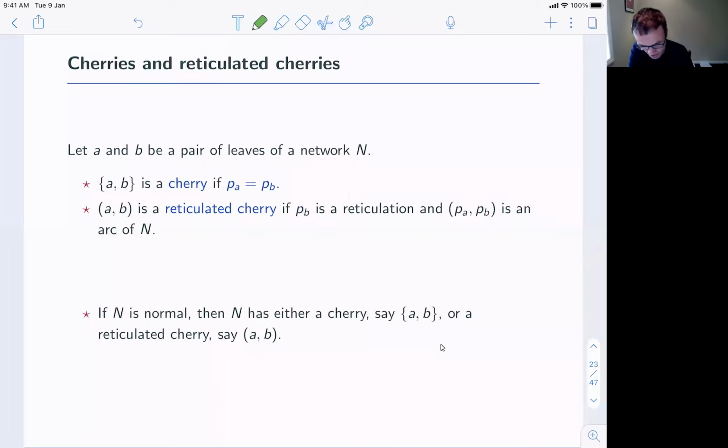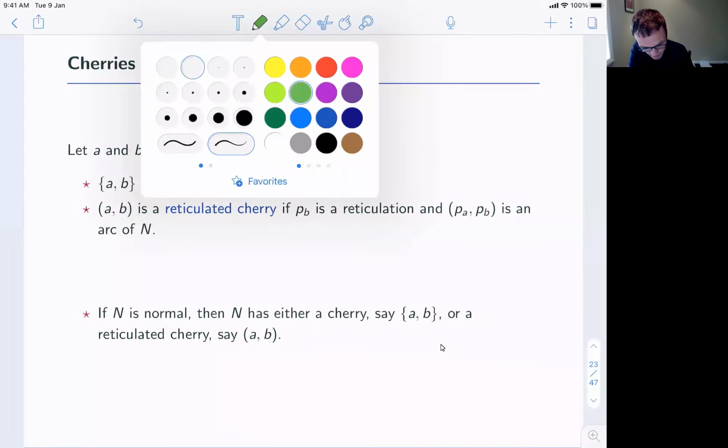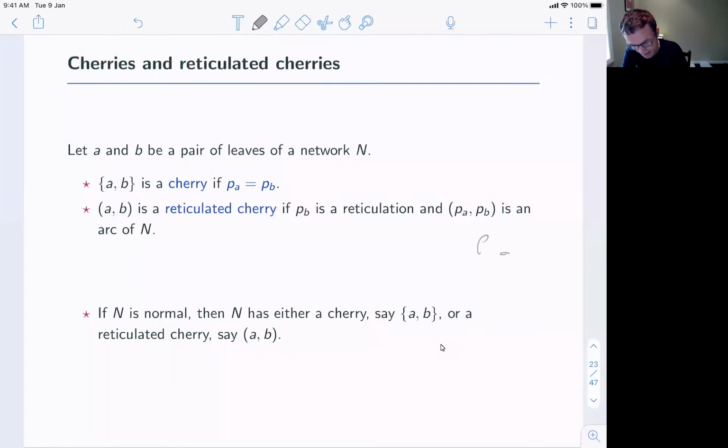In fact, that's not that hard to prove. Start at the root, take a maximal length path to a tree vertex from the root. I'll say maximal, but maximum's also good. Let's call that U. Then since it's normal, it's either got a tree vertex or a leaf as a child. Well, it can't be a tree vertex because that was supposed to be a maximal length path from the root.